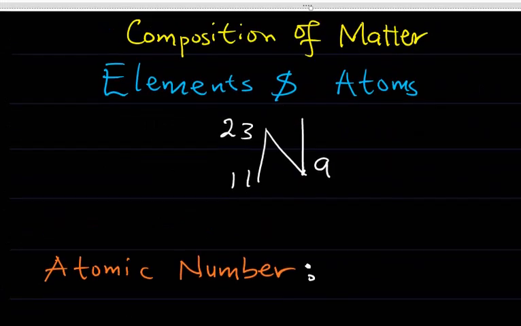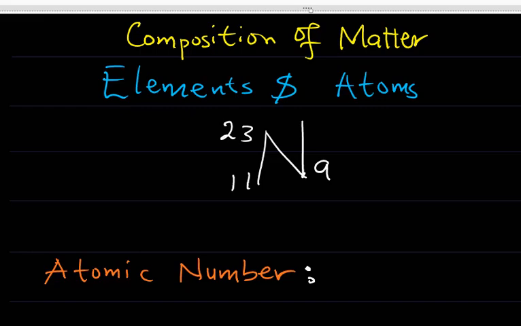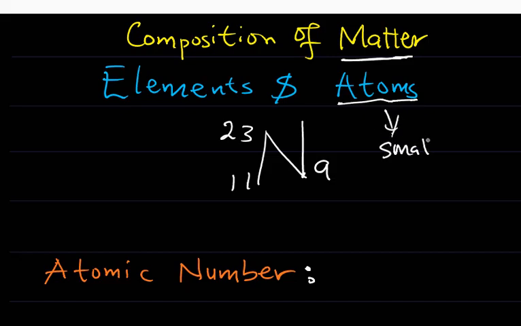Now we are going to talk about composition of matter. The composition of matter we are going to be discussing is element and the component of element. You know that every element is made up of atoms. Atoms is said to be the smallest particle of an element.